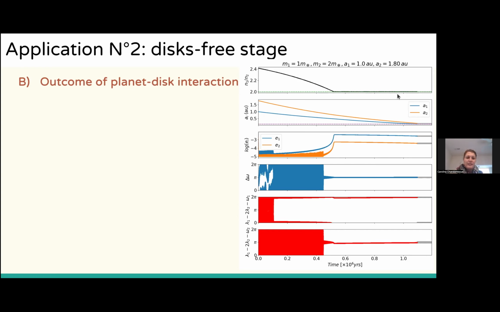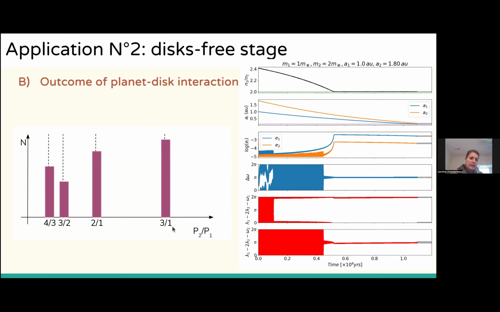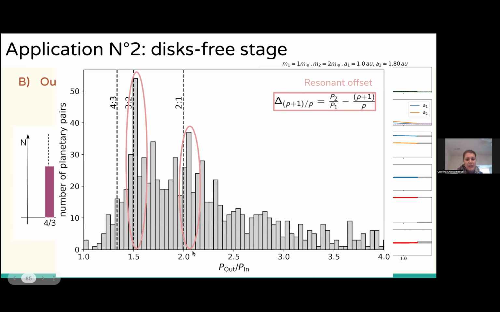So if this is the typical outcome of planet formation, we should expect that if we plot the period ratio of all the planets discovered in multi-planet systems, we should see peaks at the exact commensurabilities. This is what we should see if the planet-disk interaction was leading the evolution of a system. Instead, what we see is this.